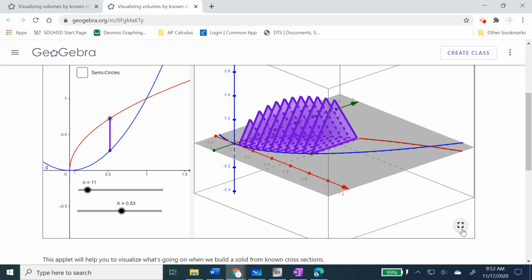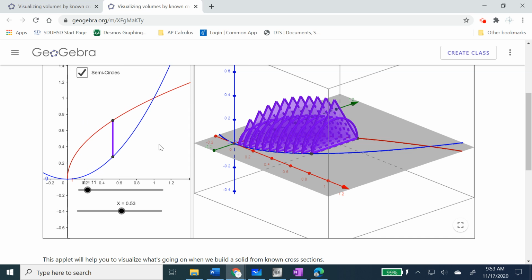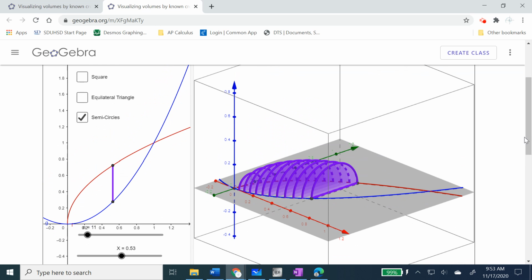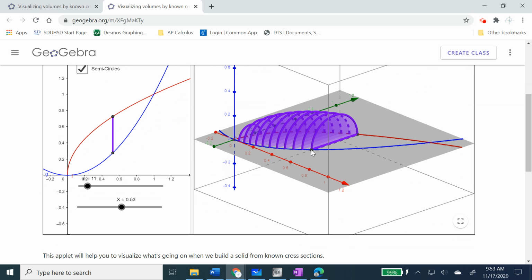However, if you could imagine these being full circles instead of semicircles, then in a way, rotational volume is just a type of cross-sectional volume.